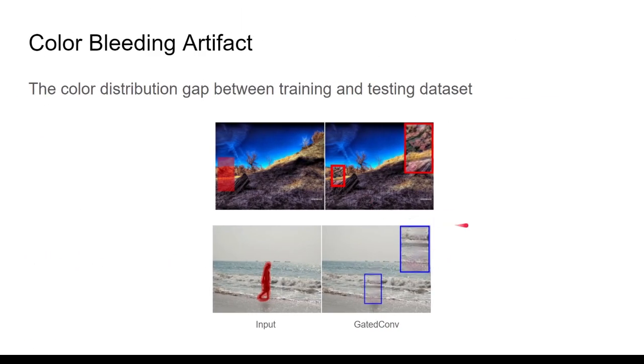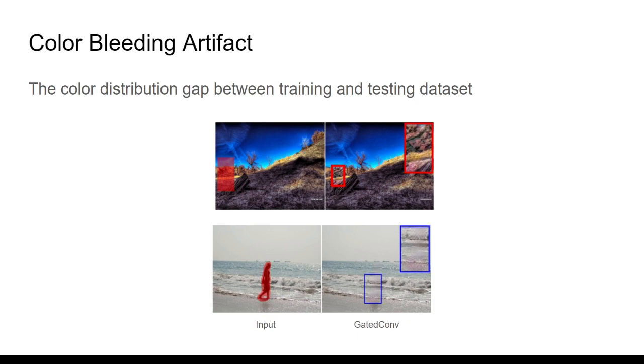One of the most common artifacts observed from the deep learning method is called color bleeding. These methods trained on large-scale datasets tend to introduce inconsistent colors that do not conform to the color distribution of the test image.